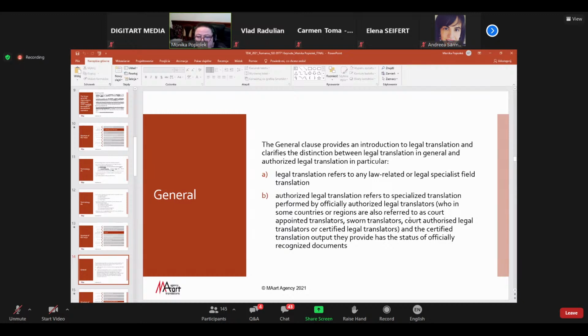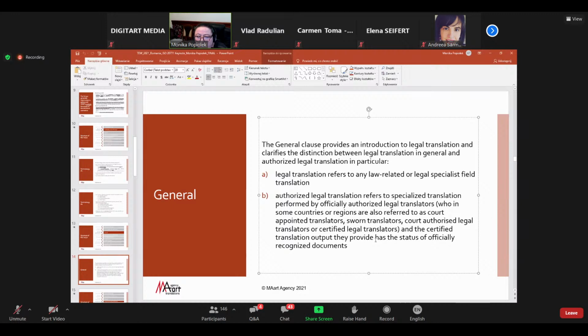You could call them court translators, court appointed translators, sworn translators, court authorized translators, or certified legal translators. But certified legal translators could mean different things to different people. So this one is always a debatable term, the certified legal translator term.